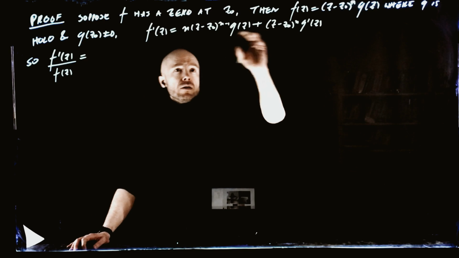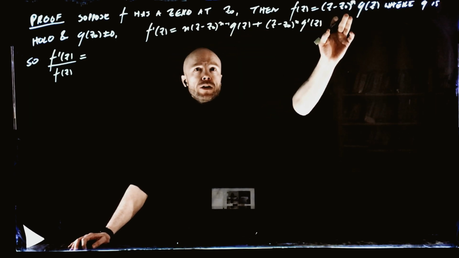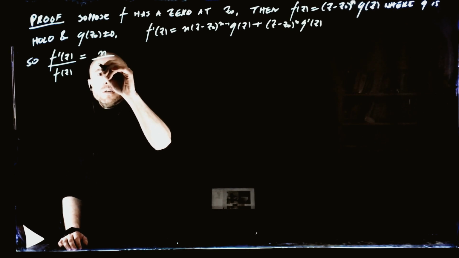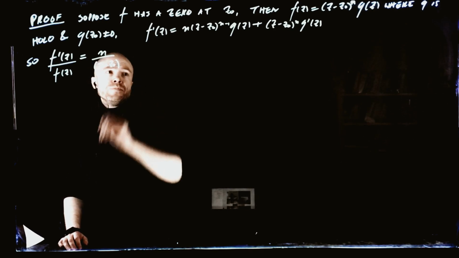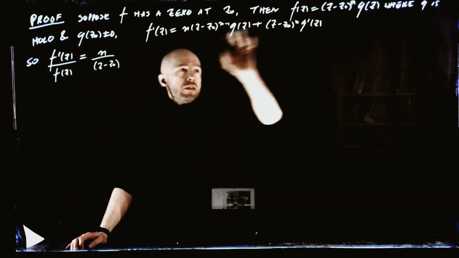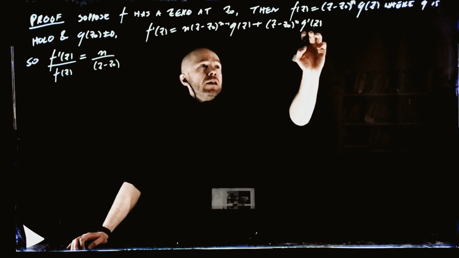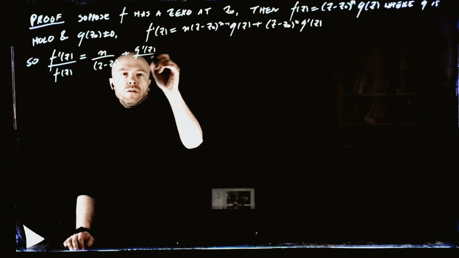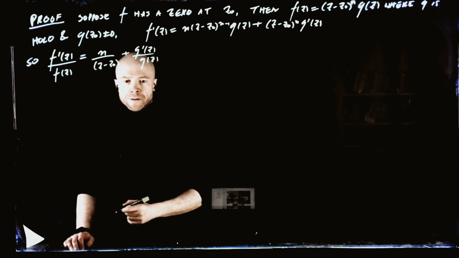We're just going to take this expression and divide by this expression right here. And we're going to have n over z minus z0, yeah? Taking this thing and dividing by this thing. And then here, we're just going to have plus g prime of z over g of z.